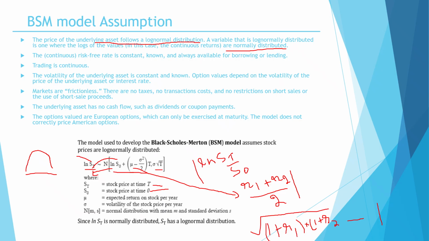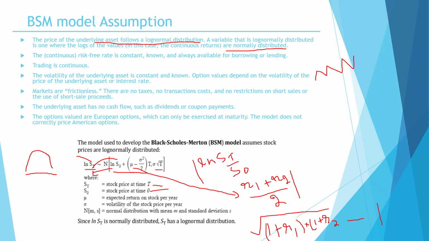The fourth assumption is very important: the volatility of the underlying asset is constant and known. So, what is volatility? Like the volatility I have in my stock. The BSM model assumes that the volatility factor is always constant.